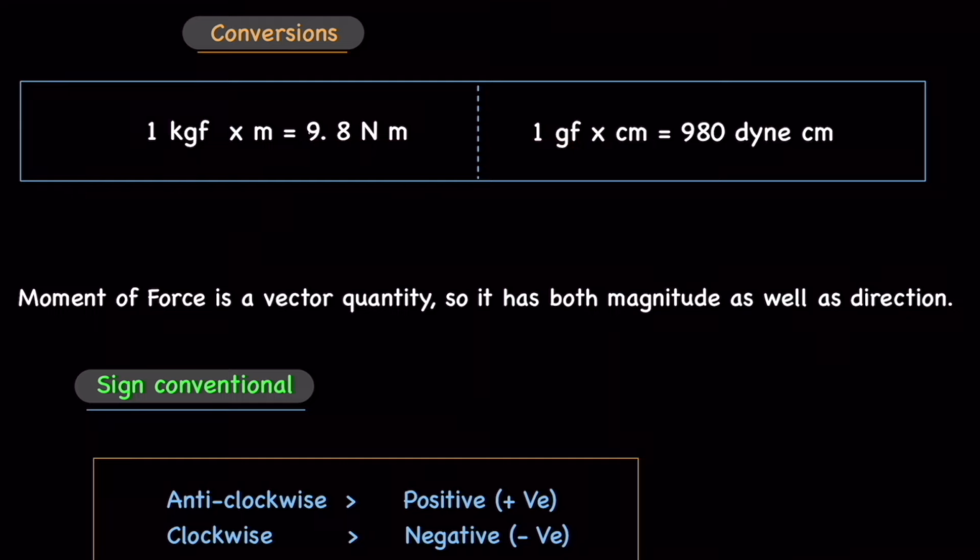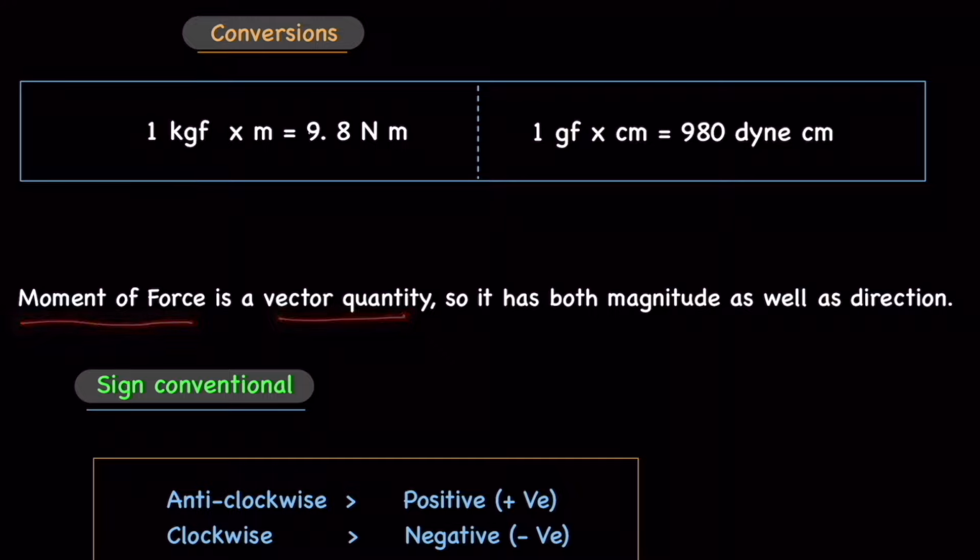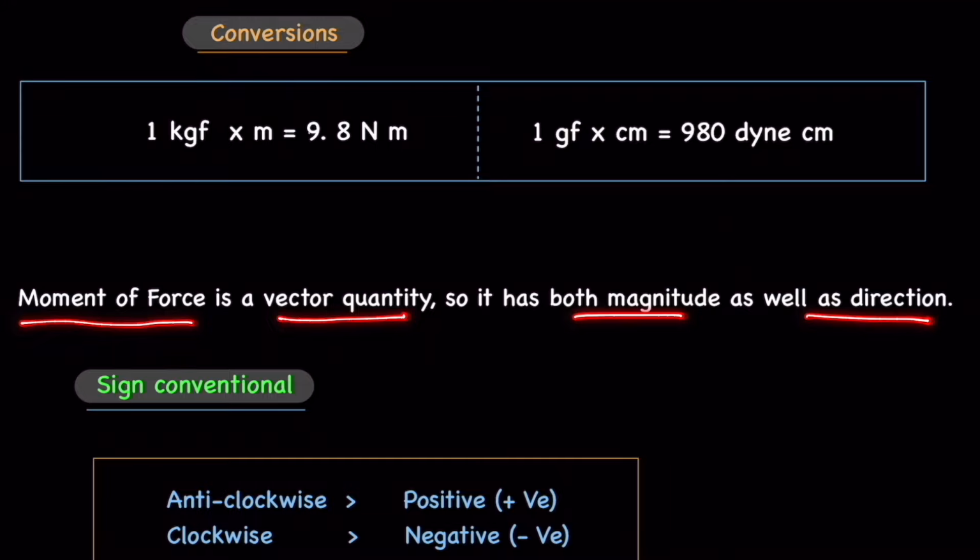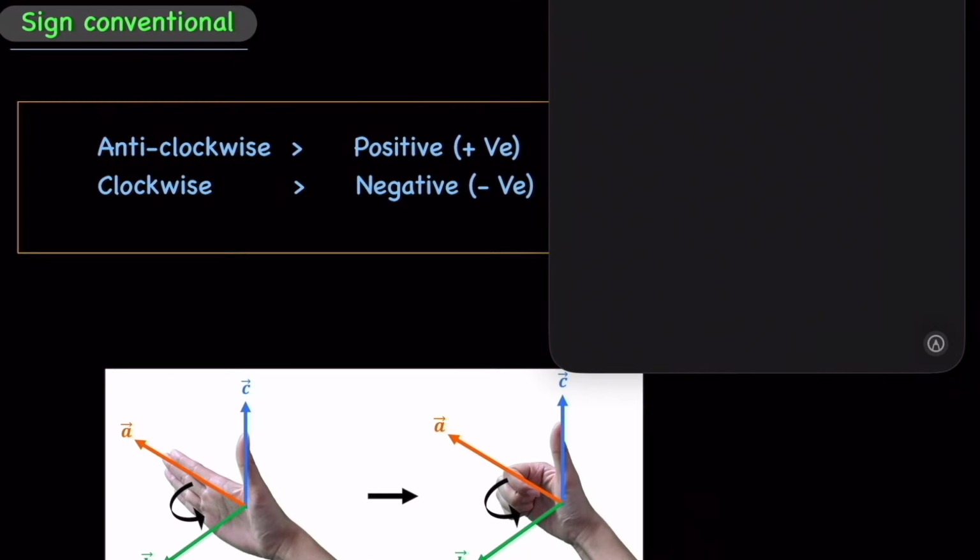As force is a vector quantity, here moment of force is also a vector quantity. It means that it has both magnitude as well as direction. So for the moment of force sign convention, anti-clockwise we consider as positive and clockwise we consider as negative.